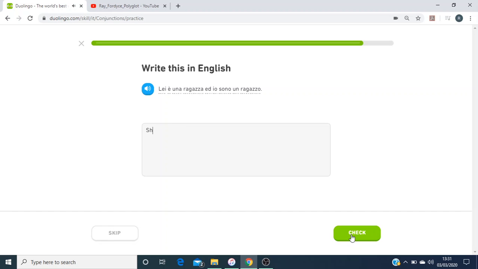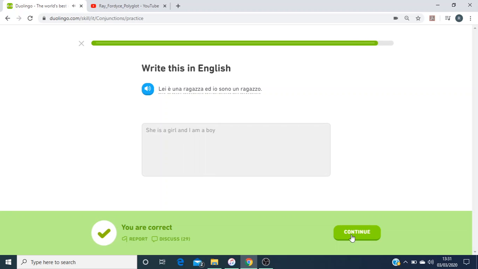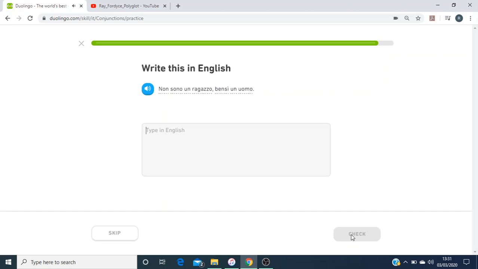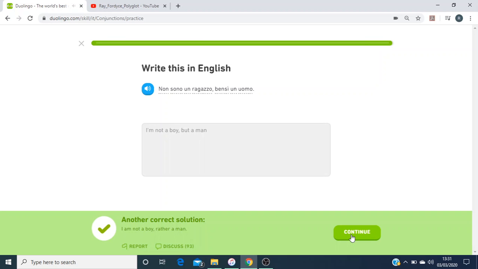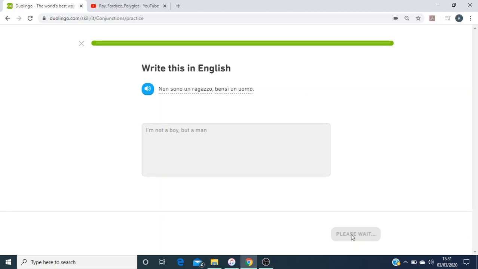She is a girl and I am a boy. Non sono un ragazzo, bensì un uomo. And I've had this sentence already. I'm not a boy, but a man. Or rather a man, whatever you're most comfortable with.